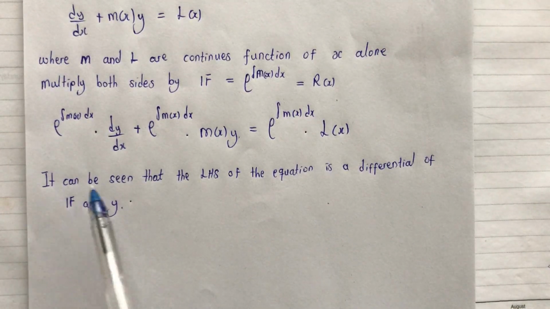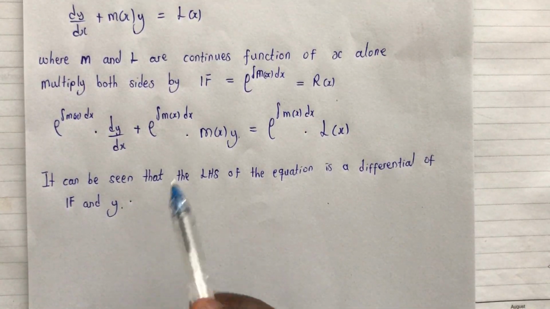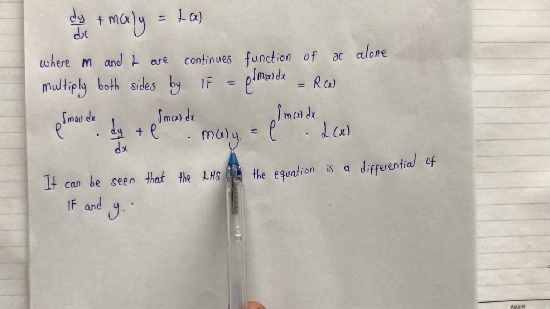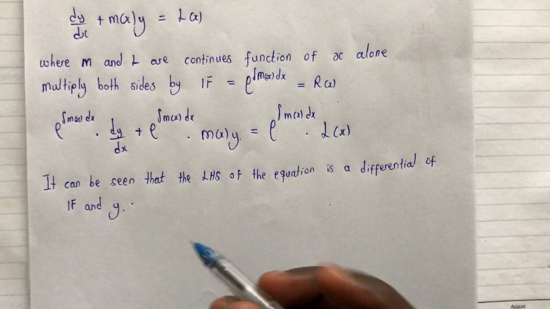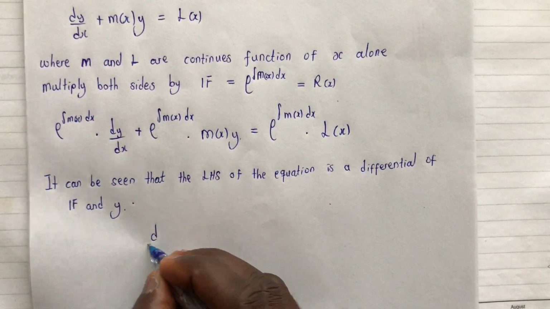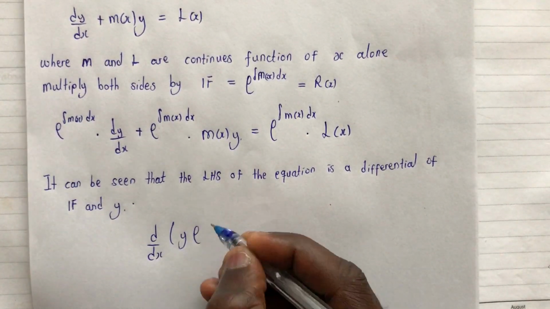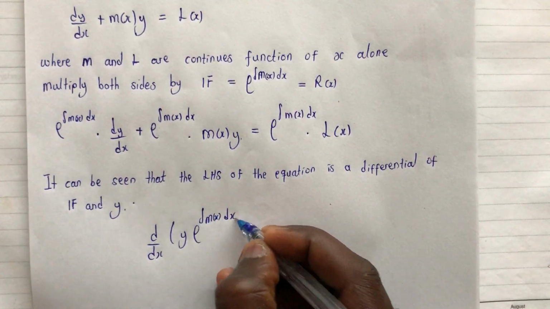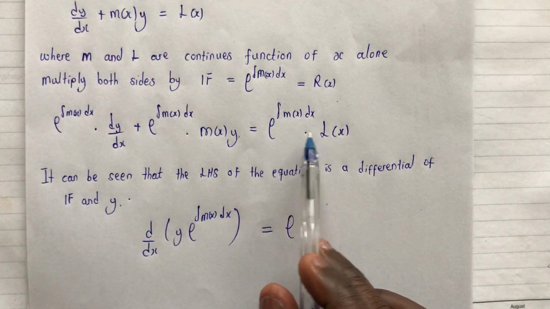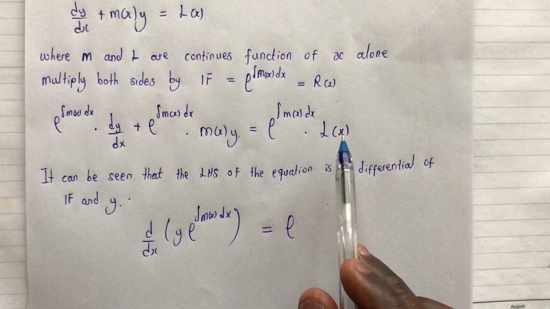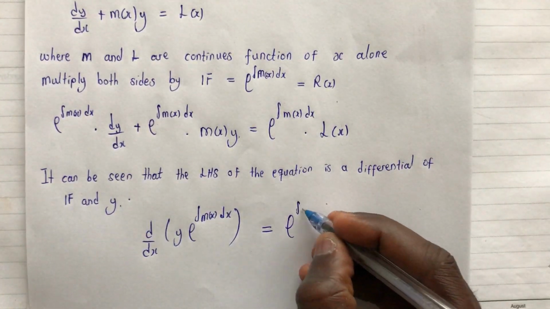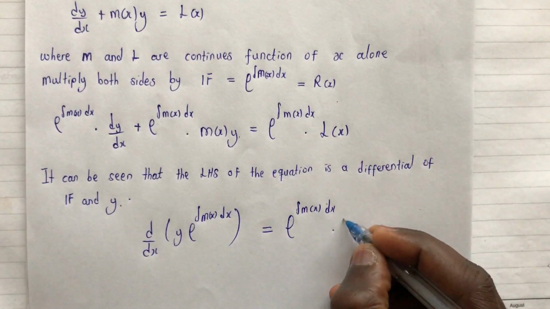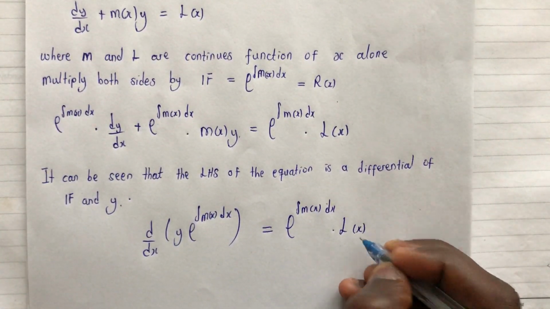So once you write this statement, all you need to do is to take the derivative of this and the variable y and equate it to this side. So this is giving us the differential of y times e to the integral of m of x dx being equal to the right hand side of the equation, which is e to the integral of m of x dx times L of x.